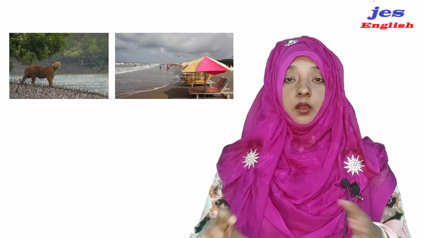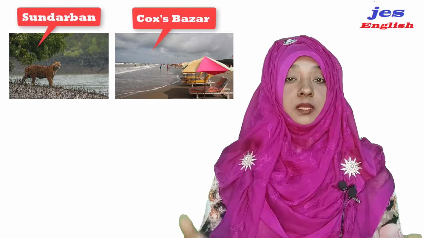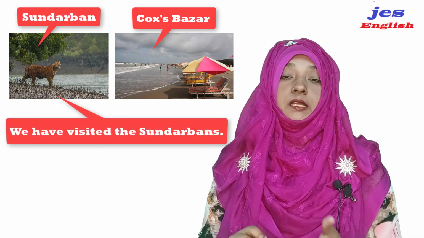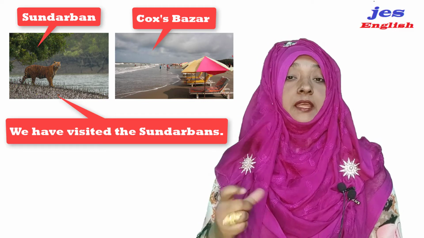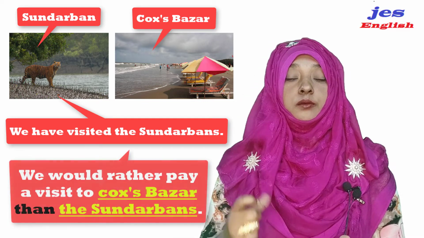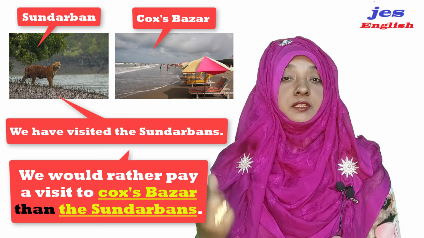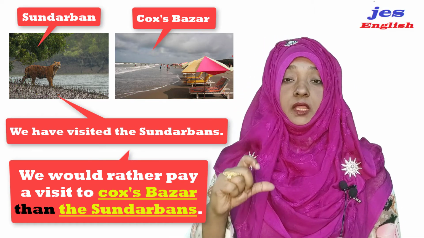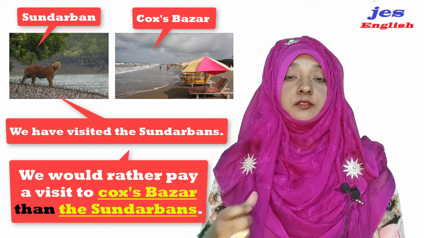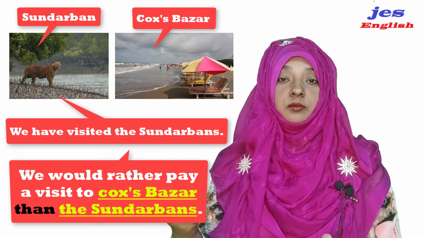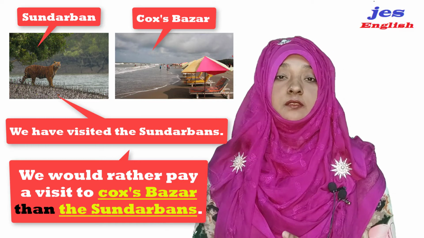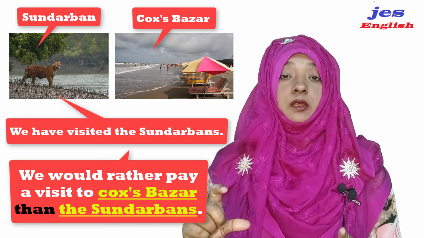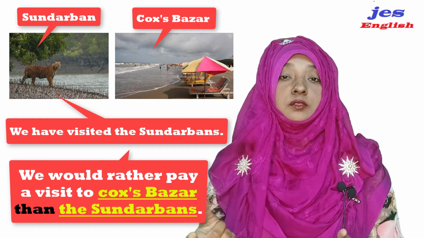Then another example. We have visited the Sundarban. Then we would rather pay a visit to Cox's Bazar than the Sundarban. We have already visited the Sundarban, so we will not choose that option.